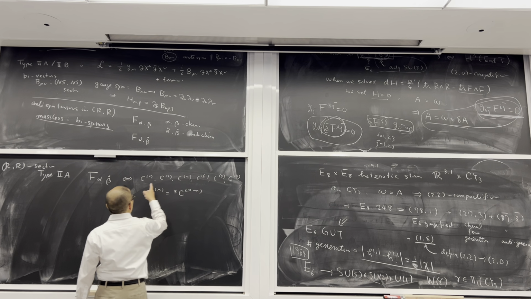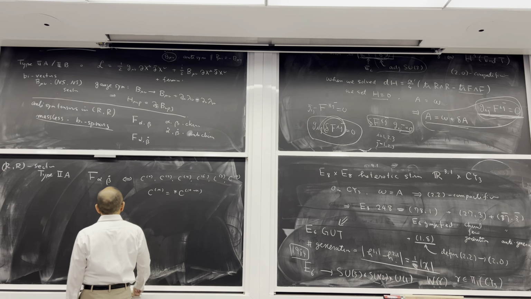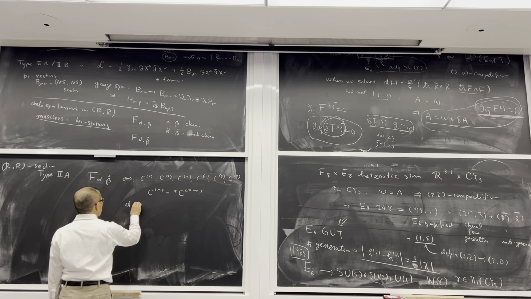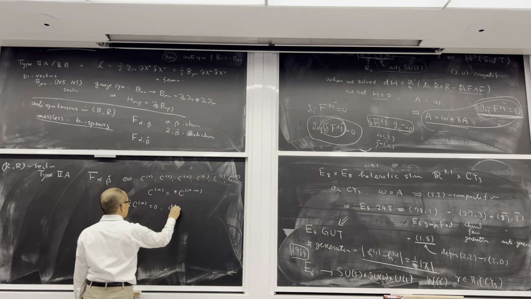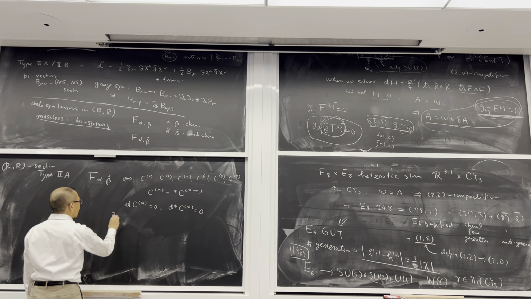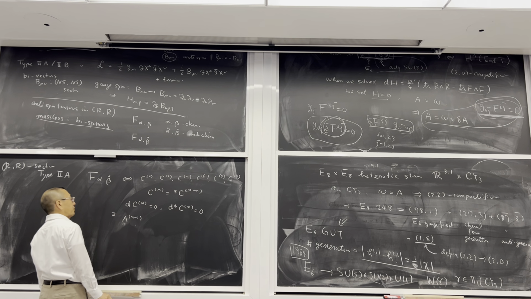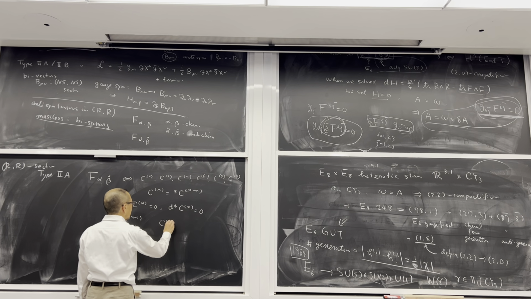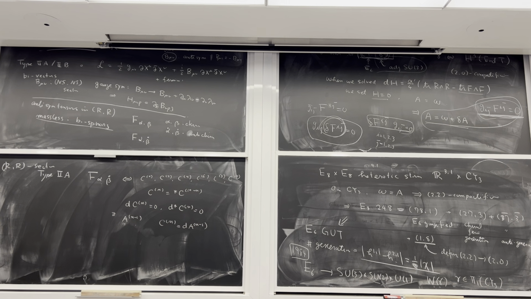Okay, so there are these antisymmetric tensors, and they all satisfy the equations dCn is equal to 0 and d star of Cn is equal to 0. So that means that there is an n minus 1 form field from which Cn can be written as the derivative of C of n minus 1. Okay, so this is type 2A theory.